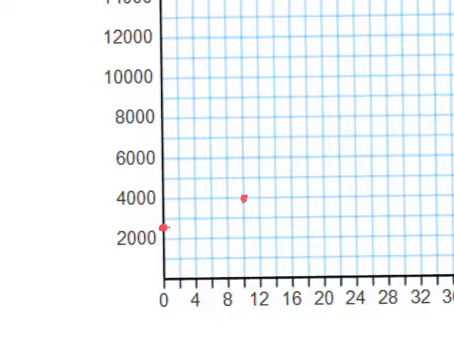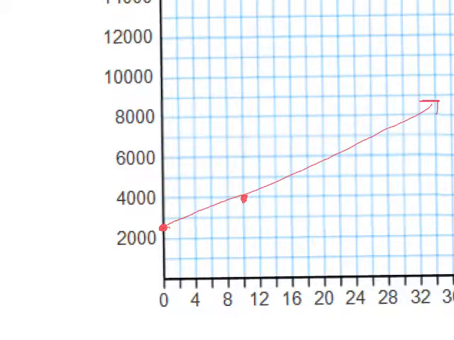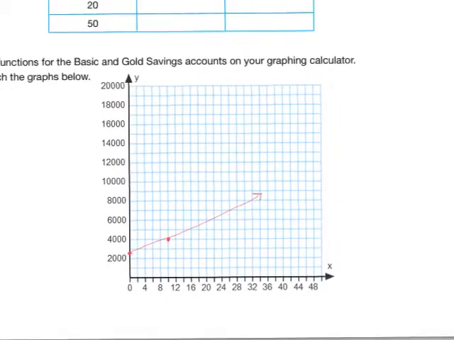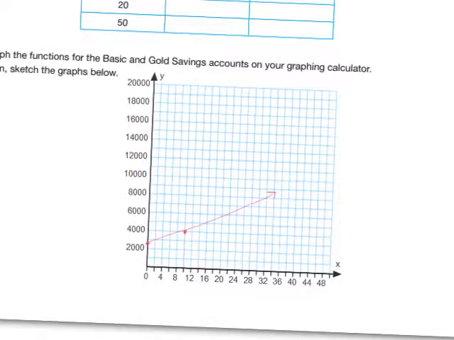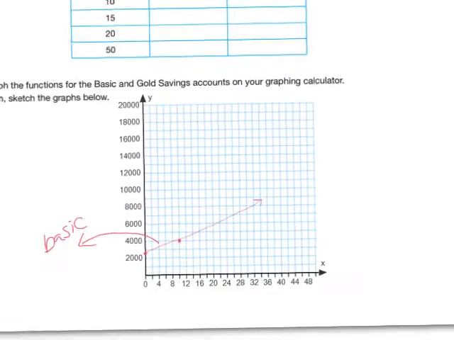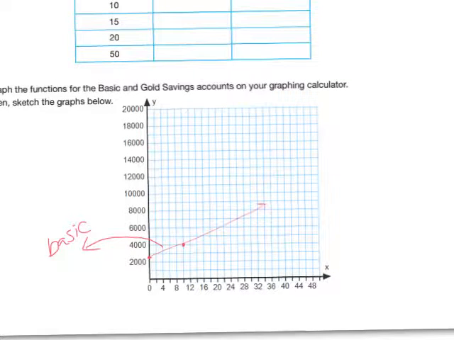So here is how I can actually connect my lines now. I want to use a ruler and just go boom, something like that. Make it a little nicer than that. That would be my basic one. I'm going to call that basic one. And then I'm going to use blue for my gold. My gold, they also start at 2,500.